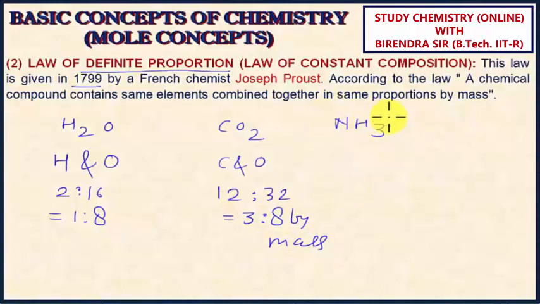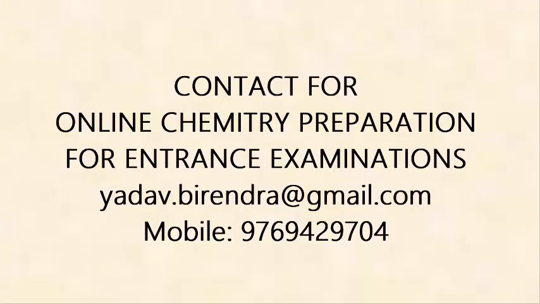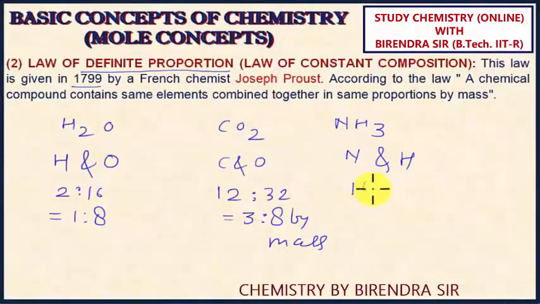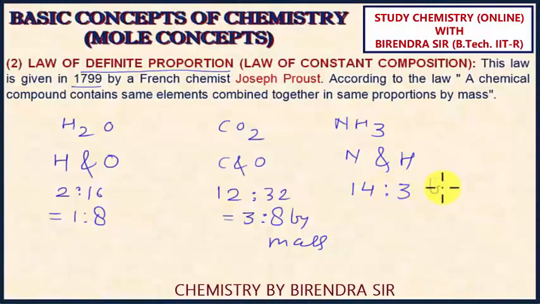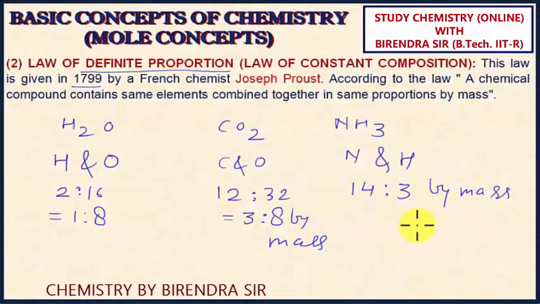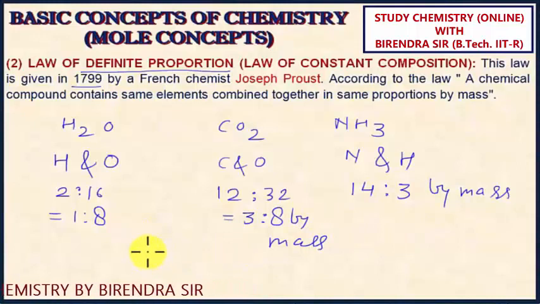Similarly, NH3, that is ammonia. Whenever ammonia is formed, ammonia will always contain nitrogen and hydrogen. And in what mass ratio? 14:3 by mass. My point is clear that a compound will always contain the same elements and the mass ratio is definite, constant. Okay. Now, to understand this law in a better manner, I will take a question here.